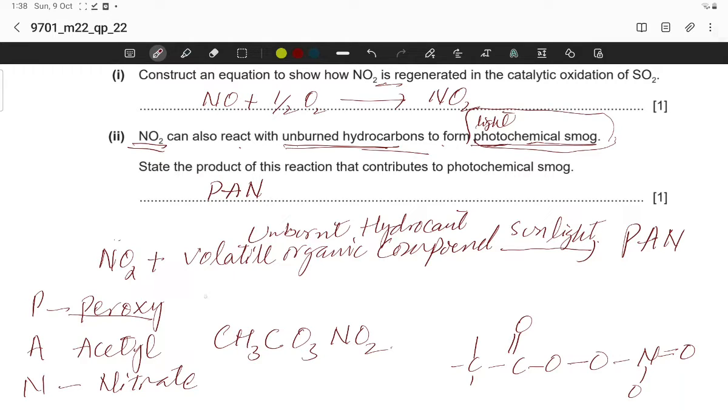So this is a pollutant which is formed by reacting with nitrogen dioxide, and this contributes to photochemical smog, which affects the eyes and lungs.